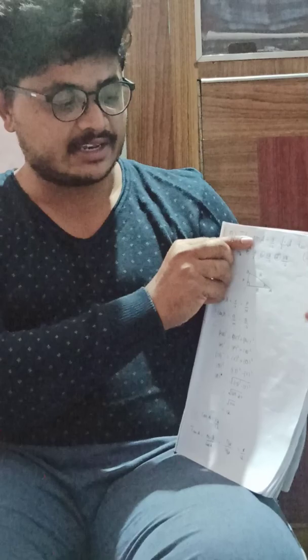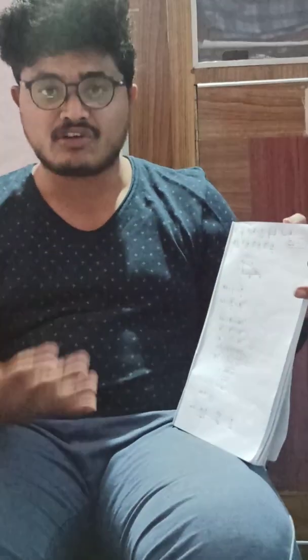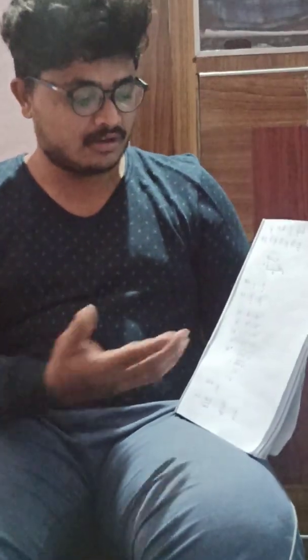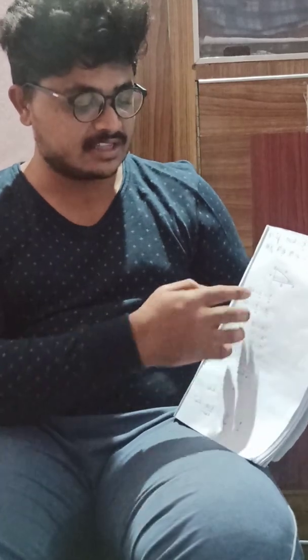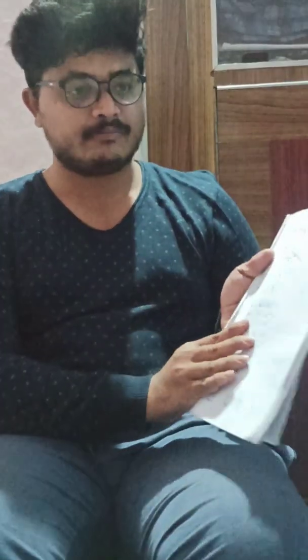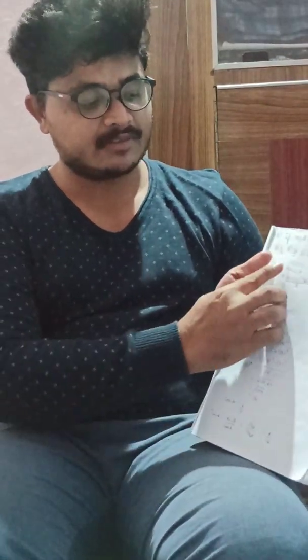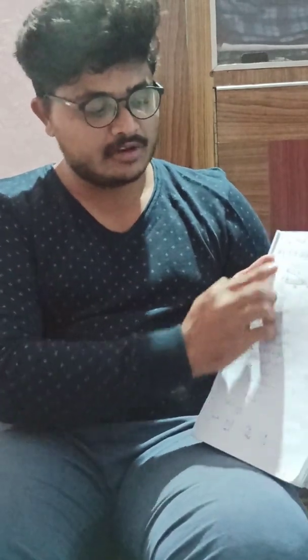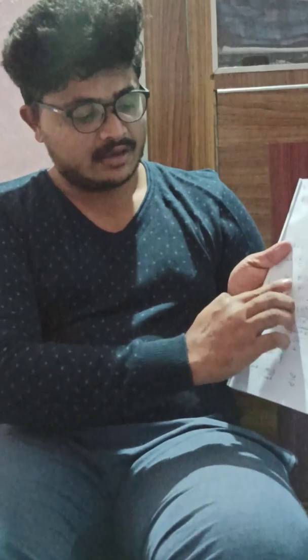So we know what sin A is. It is 5 by 13. We don't know what cos A is. Cos A is nothing but base by hypotenuse. So here we are using Pythagoras theorem, that is, AB square is equal to BC square plus CA square. So what is AB?